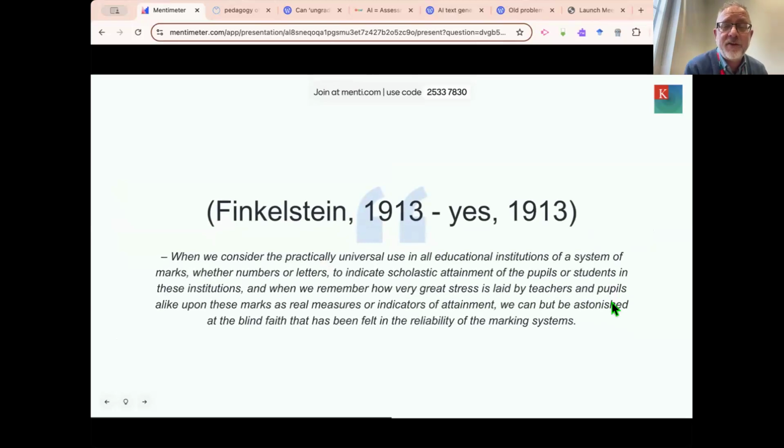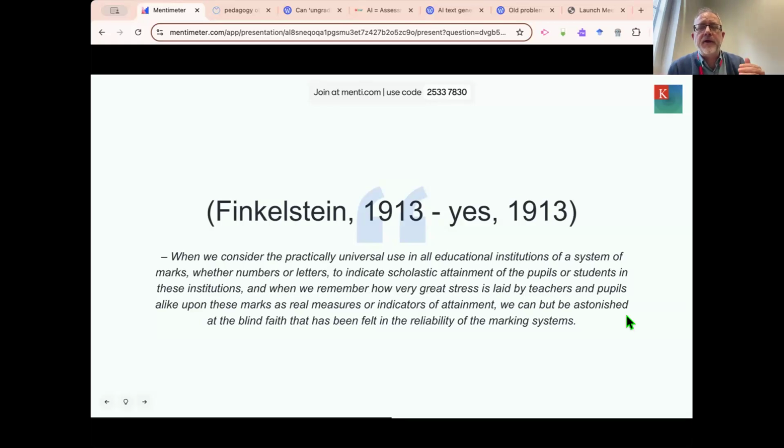This from Finkelstein in 1913. I'm going to read it aloud, even though I am aware you can read off the screen, but just to emphasize a few points. "When we consider the practically universal use in all education institutions of a system of marks, whether numbers or letters, to indicate scholastic attainment of the pupils or students in these institutions, and we remember how very great stress is laid by teachers and pupils alike upon these marks," so that really does foreshadow what Tony was talking about earlier about well-being and stress and anxiety in exams as real measures, real, underline, emphasize, indicators of attainment.